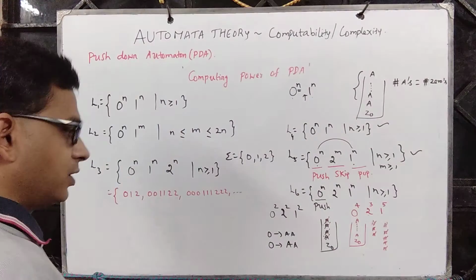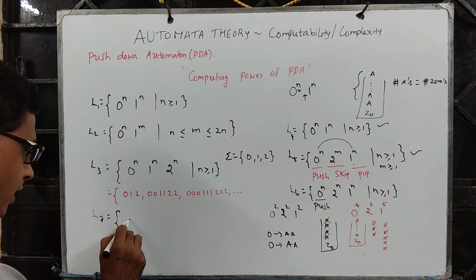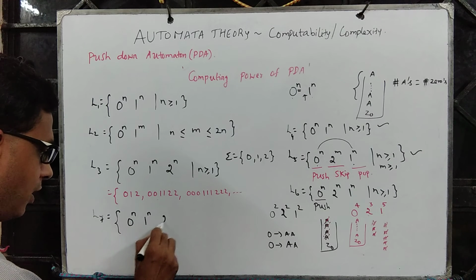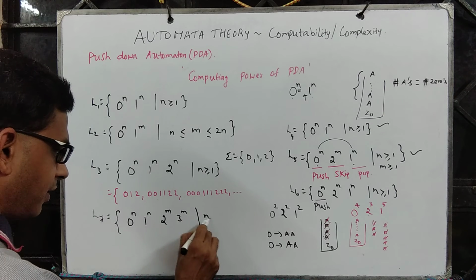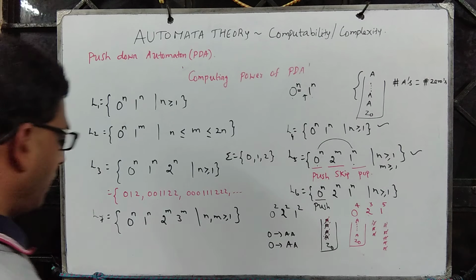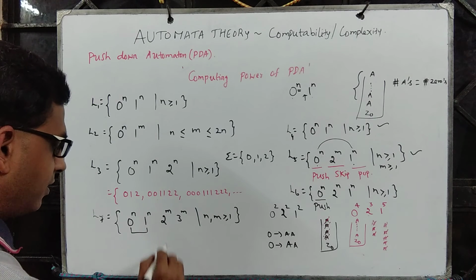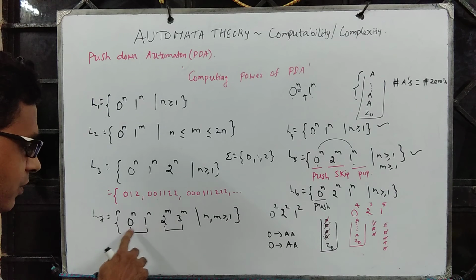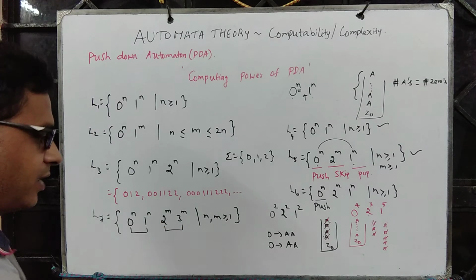And what am I saying? Look at this. 0 power n, 1 power n, 2 power m, 3 power m, where n, m is at least 1. Now these two are associated and these two are associated, meaning the number of zeros and number of ones are same, the number of twos and number of threes are one and the same.